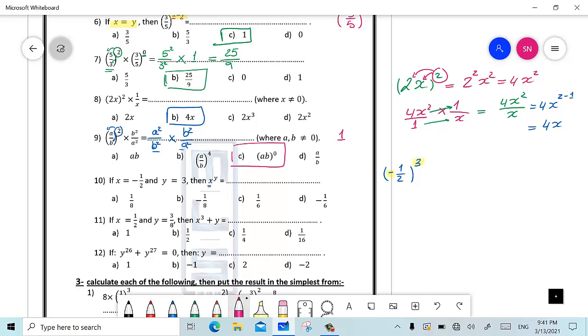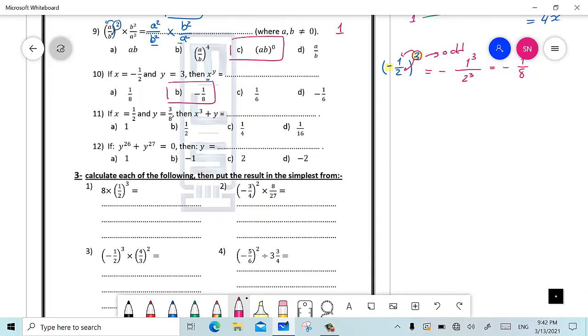My power here is an odd number, so the negative sign is going to remain as it is. So it is negative. Distribute the 3 one time for 1 and the other time for 2, so negative 1 to the power of 3 over 2 to the power of 3, which is equal to negative 1 over 8. So my correct answer is negative 1 over 8.